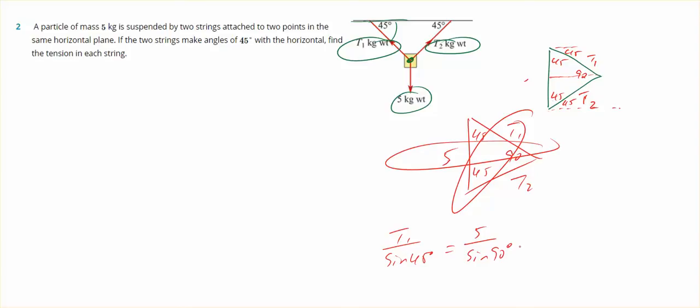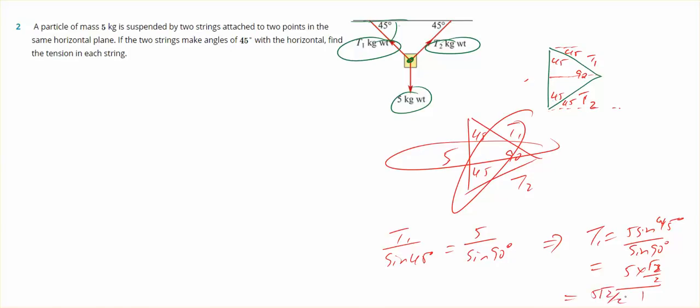Now, rearranging, I know that T1 equals 5 sine 45 degrees over sine 90. I know that sine 90 is equal to 1, and sine 45 is root 2 on 2, so it's just 5 root 2 on 2.